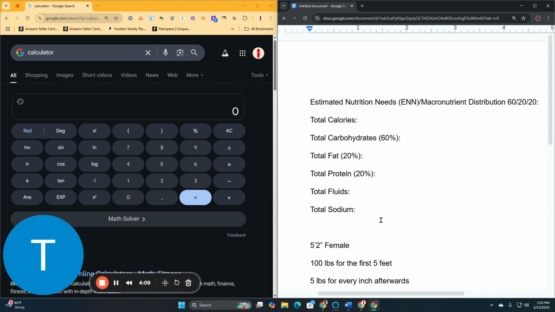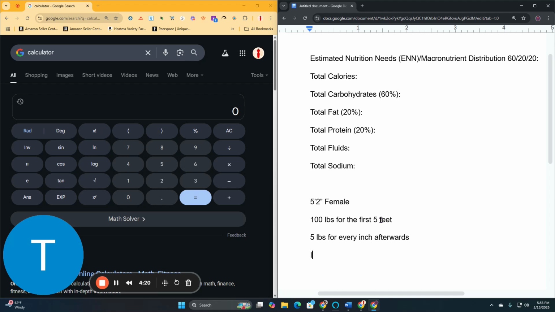Okay, so in my situation, I'm female and 5 feet, so that's 100 pounds, and then I have 2 inches, so that's 5 times 2, which is 10. So my ideal body weight, sometimes abbreviated in a nutrition note as IBW, equals 110 pounds.